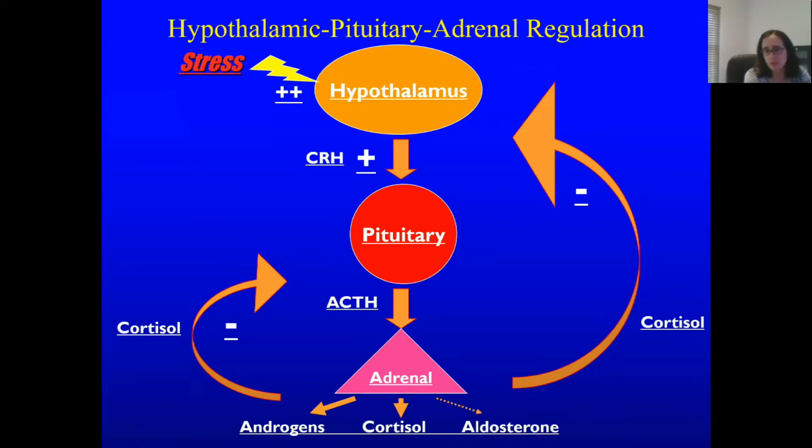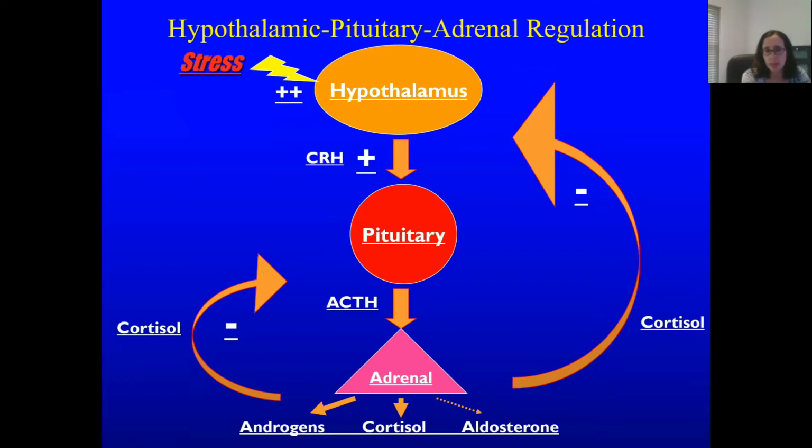The adrenal gland also produces aldosterone. That is under the Renin-Angiotensin system as opposed to ACTH control. Cortisol is the body's stress hormone. It helps maintain blood pressure and glucose. Aldosterone helps maintain blood pressure by stimulating salt retention.